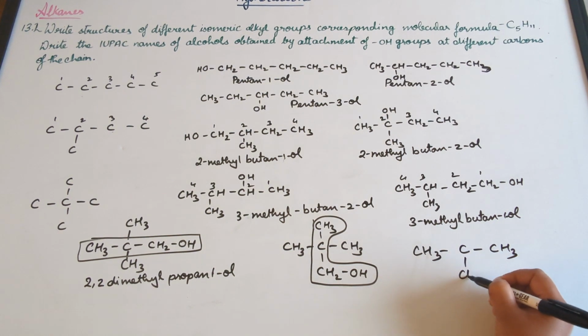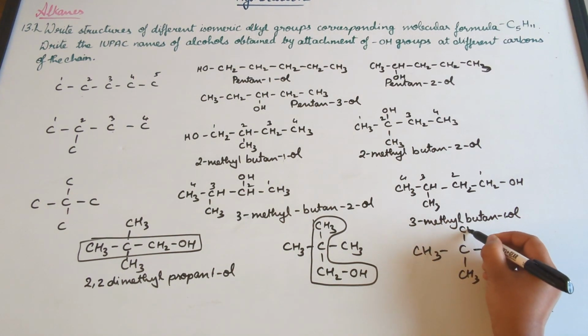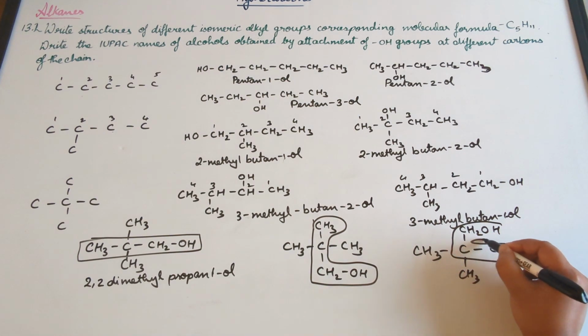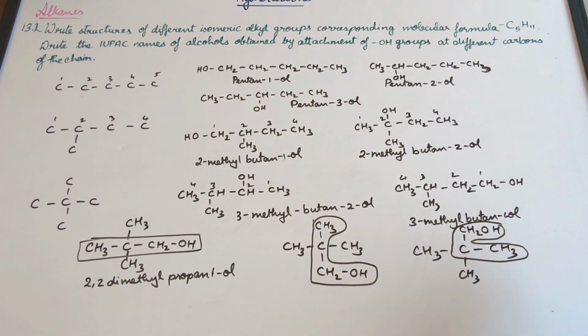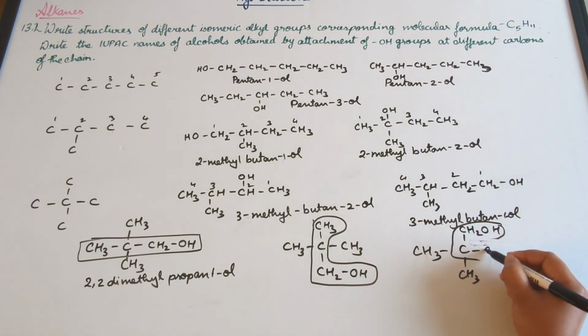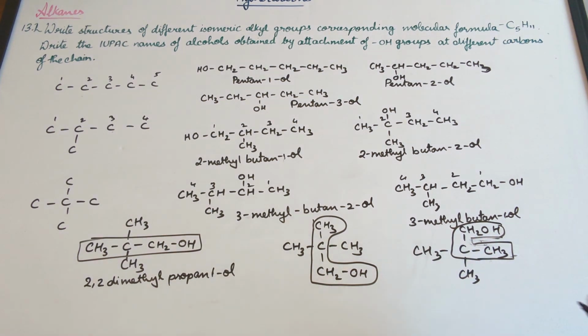CH3, CH3, and here you have a CH2OH, and you could take this as your main chain or this as your main chain. Any of them can be taken as your main chain, and even then you'd be getting the same name of the compound. And if it was attached to this one, again you would have had it as the opposite of this.